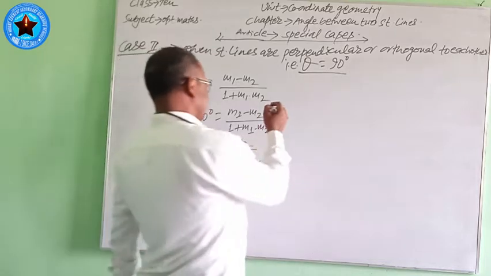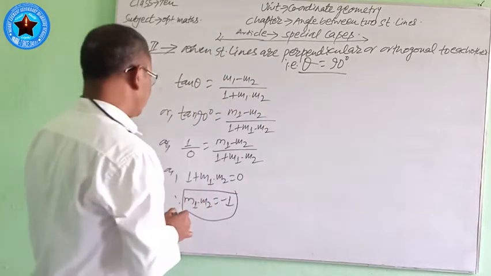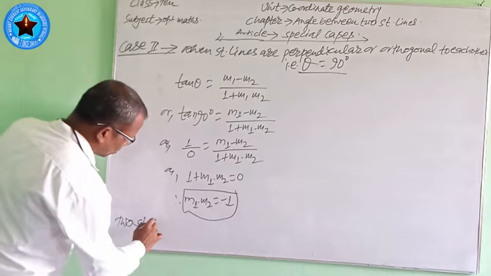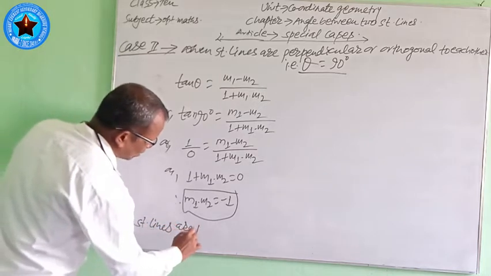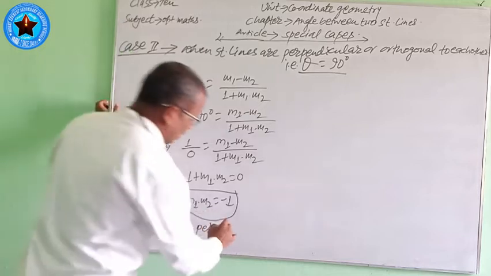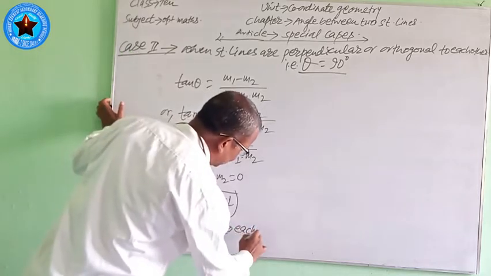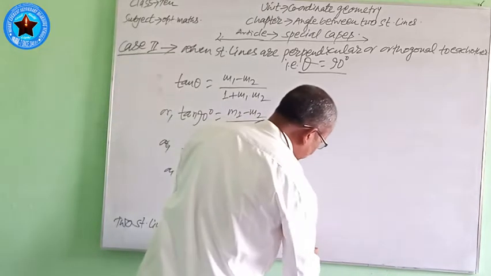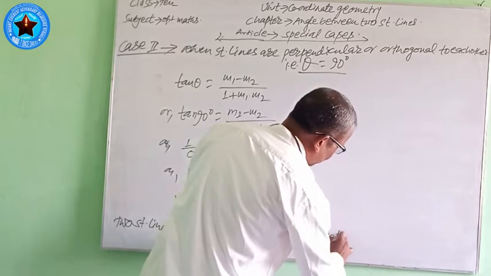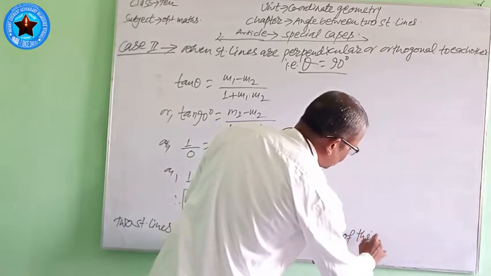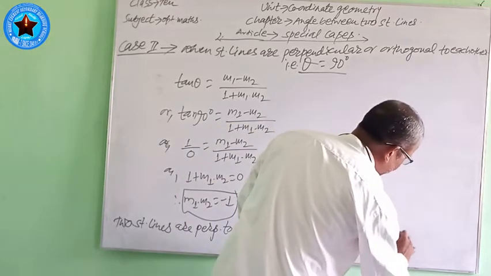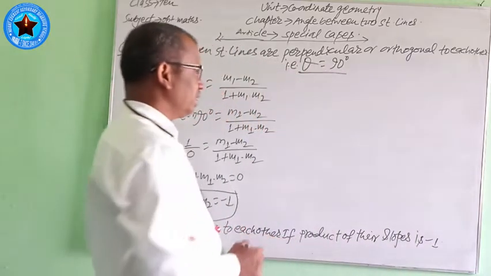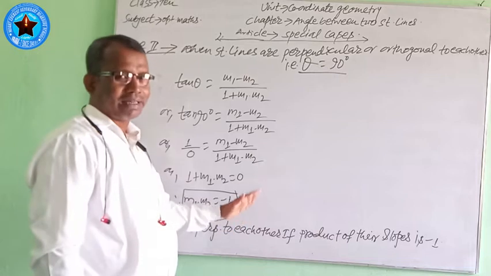The concluding statement is: two straight lines are perpendicular to each other if the product of their slopes is minus 1, that is m1 into m2 equals minus 1.